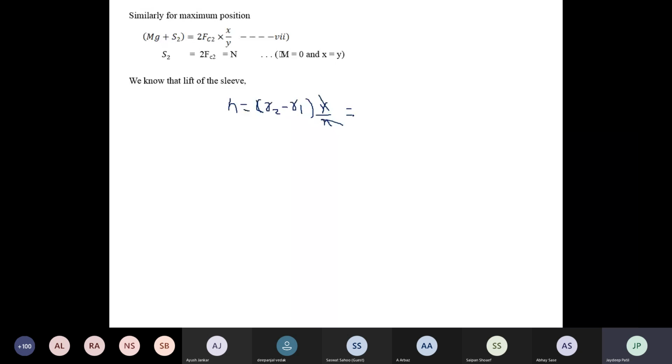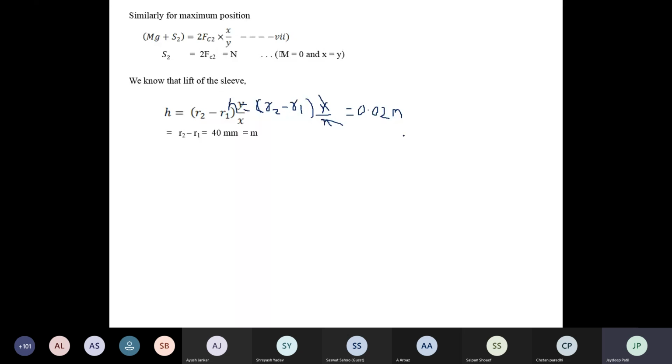How much is coming? R2 is given, R1 is given. 0.04... or 0.02? H is 0.04. How much is R1 given? 400 means 0.4, and R2... Is 0.02 the correct answer?